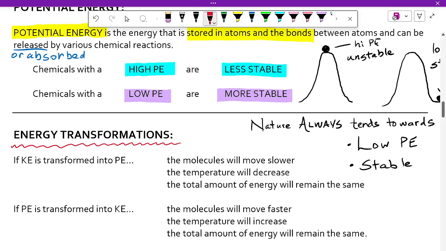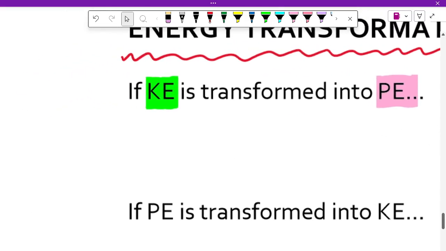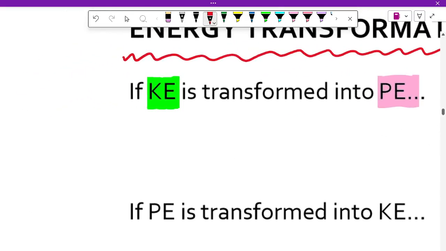Now that we've got an idea of what kinetic energy and potential energy are, we're going to talk about energy transformations. If we take kinetic energy and transform it into potential energy, what's going to happen to the amount of kinetic energy?